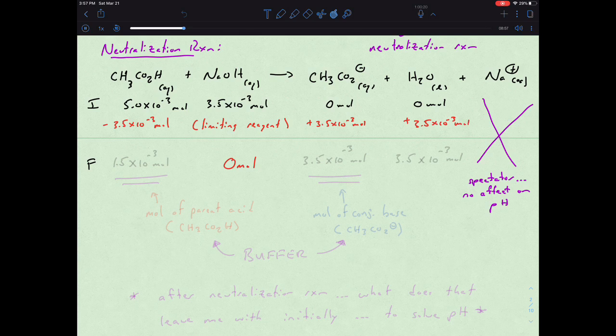And so we end up with 1.5 times 10 to the negative third moles of acetic acid, 3.5 times 10 to the negative third moles of acetate, and that same value for our water.